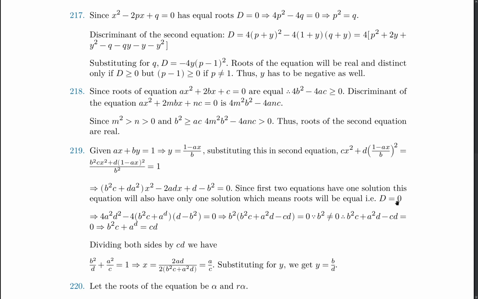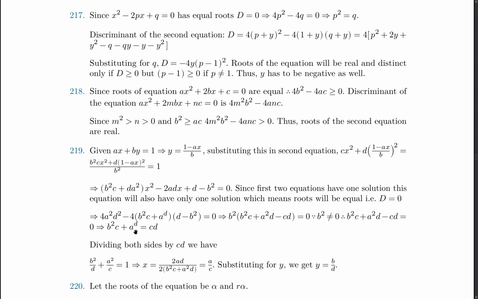So D is equal to 0. So for this equation, the discriminant will be 0. So we just compute the discriminant and simplify, and we arrive at b square c plus, this should be a square d. So it seems I typed a to the power d instead of a square d.